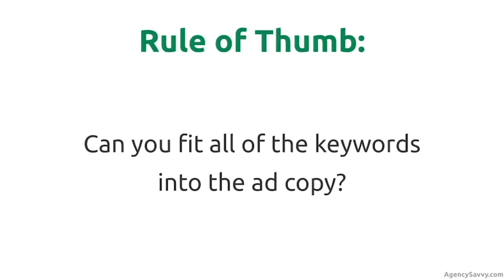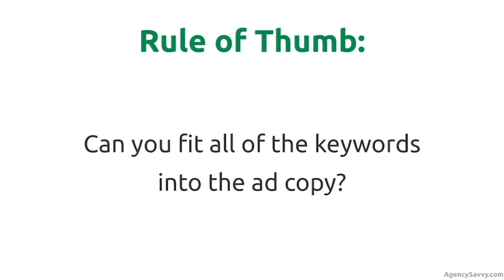A really good rule of thumb that I was taught when I was starting AdWords a long, long time ago is, can you fit all of the words that you've got in those keywords into your ad copy? So if you've got 100 different keywords in one ad group, then clearly you couldn't possibly fit all of those different words into one little ad with 140 characters of room.